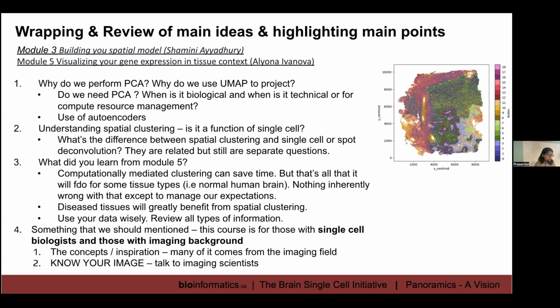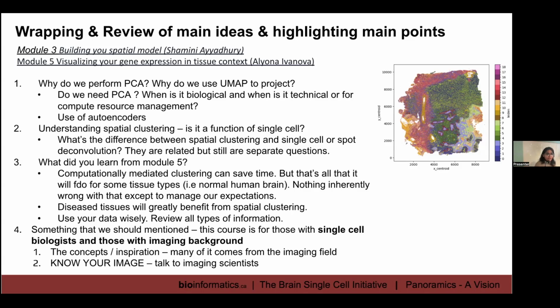And one of the things is, as I mentioned before, many of these paradigms, many of these pipelines, are actually borrowed from the imaging world. Every imaging scientist has gone through this. They have stacked their images, they have outlined their ROIs, they have gone through the whole process of how scale has an effect on their analysis. So always remember this is spatial.